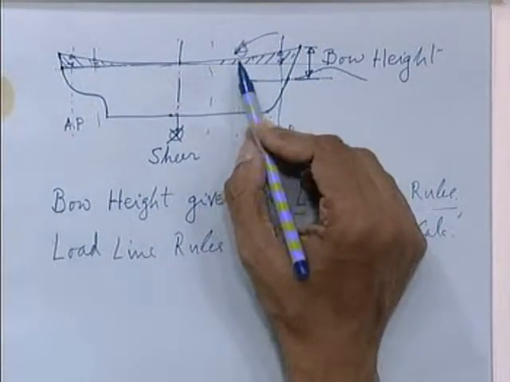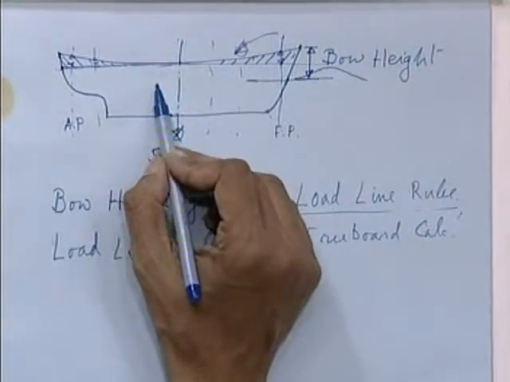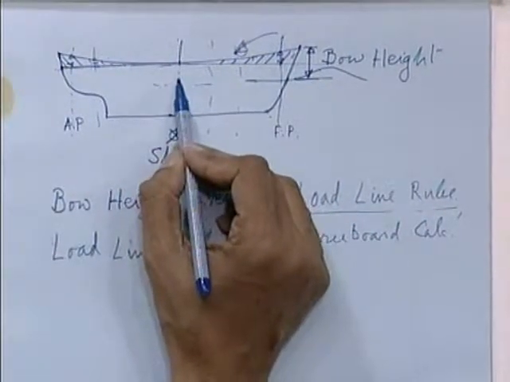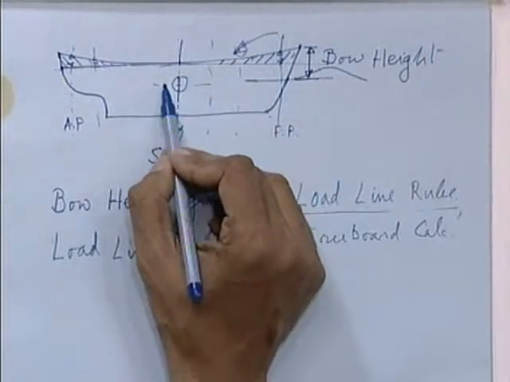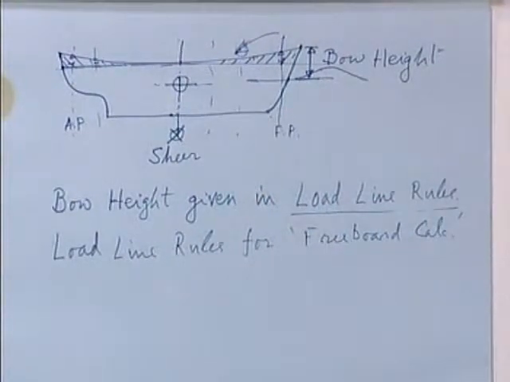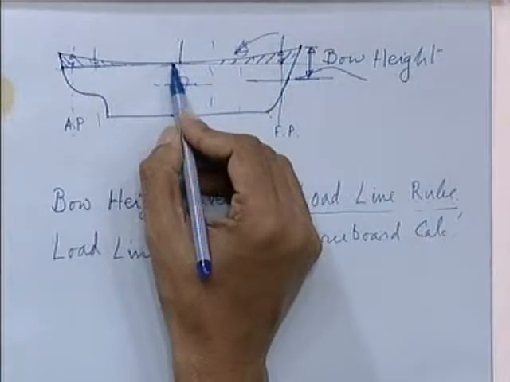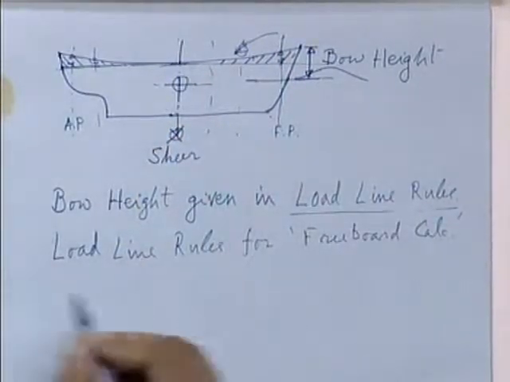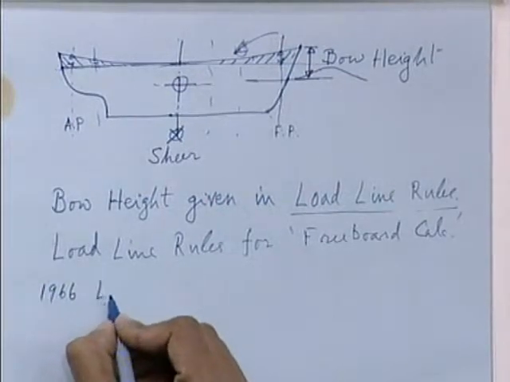And if you have this kind of shear of the deck, you are allowed to load the vessel to a little bit larger draft than specified by your load line mark. There are certain calculations, of course, which I cannot explain in this class, it will take too much time. You look into the load line rules, especially the 1966 load line rules.